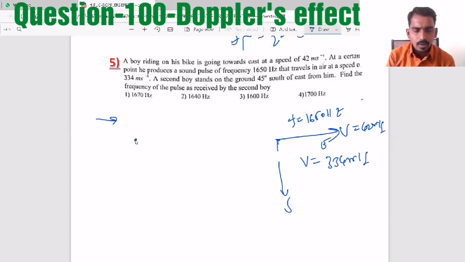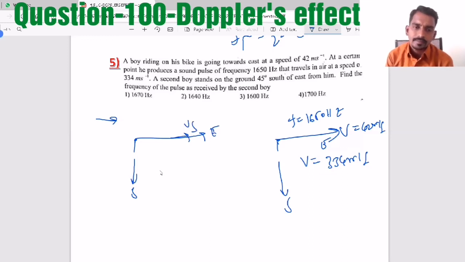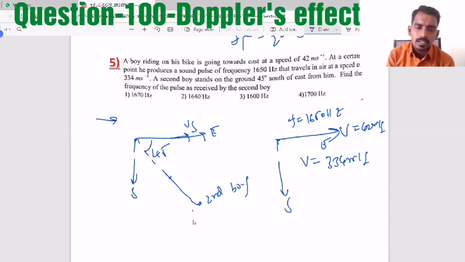Now, first thing, this is south, this is east. The moving boy is the source, and the second boy is standing in the southeast direction, exactly at 45 degrees. He is the observer, and his velocity is 0; he is at rest. The first boy is moving with a speed and becomes the source because he is producing the sound.